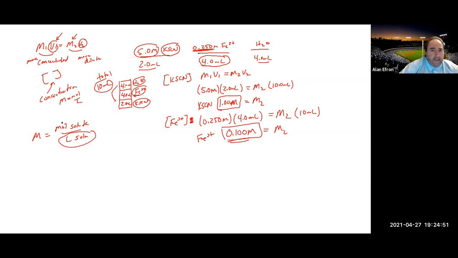Okay. So now that we talked about dilutions, we talked about molarity, we're now going to put together some of those things. We're going to put together molarity, volume, and stoichiometry. And we can do a solution stoichiometry problem, just like we do a regular stoichiometry problem.